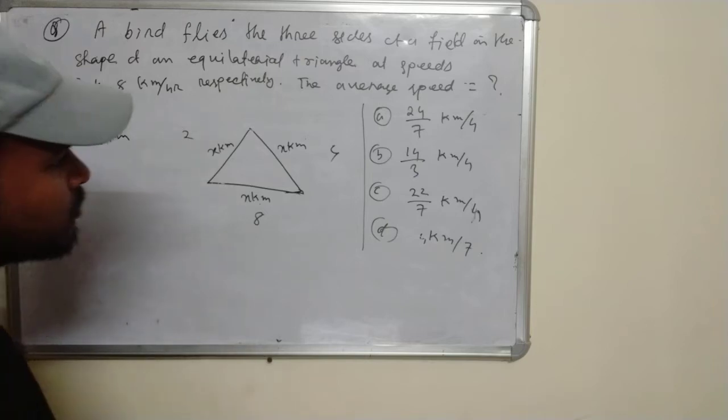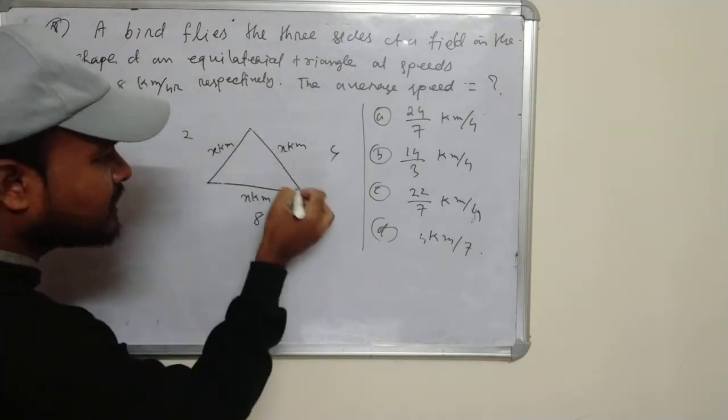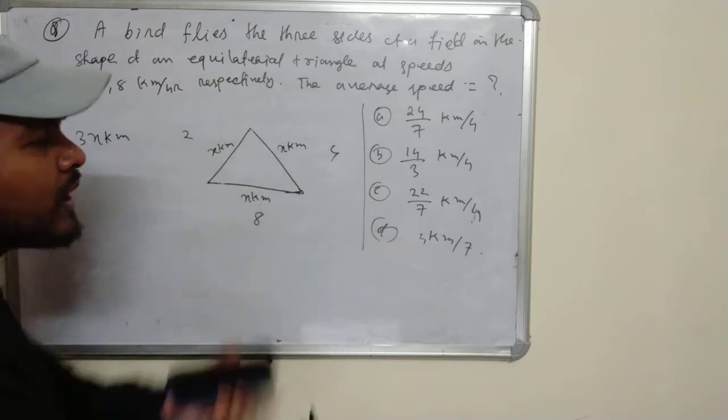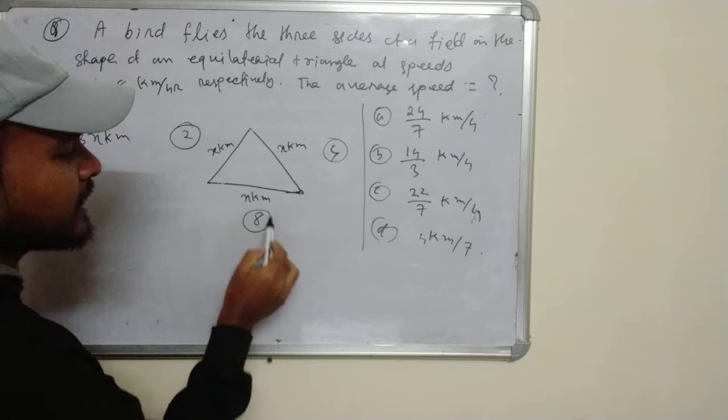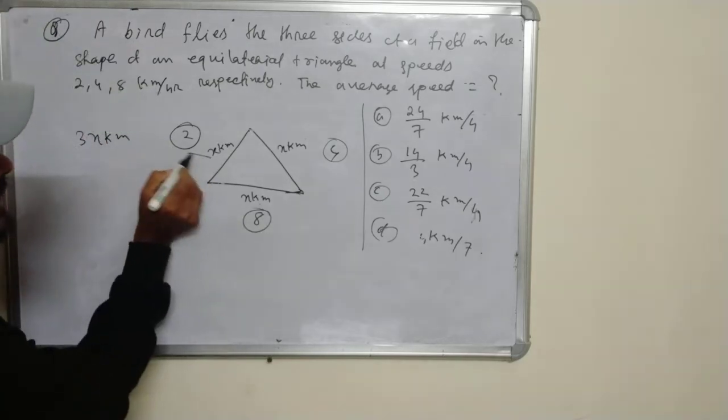What will be the total time? The time on each side will be different, because the velocity is 2 km per hour here, 4 km per hour here, and 8 km per hour here.